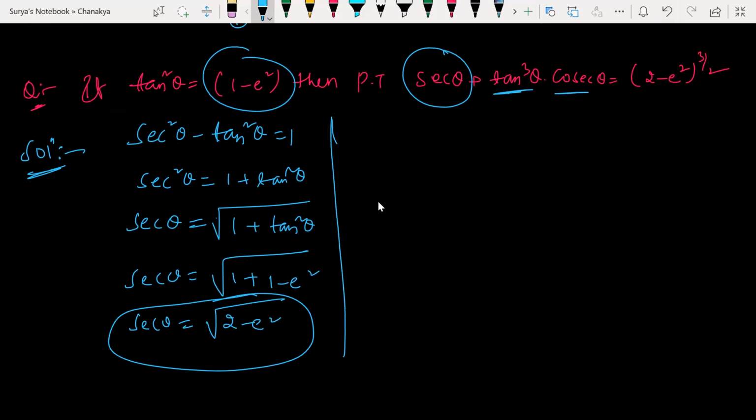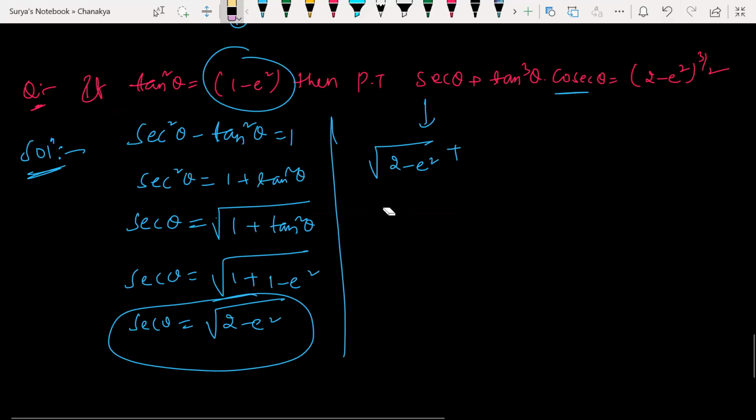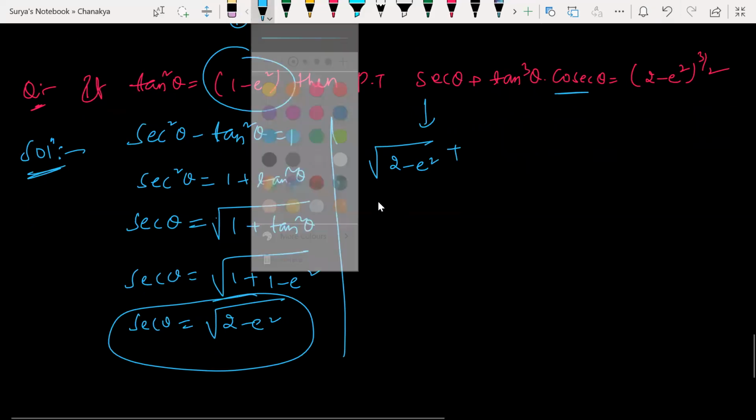Now the secant value I got here, let us substitute: 2 minus e square plus what is tan cube? One second, guys, look at this. This is tan cube, given, right? How can I write tan cube?